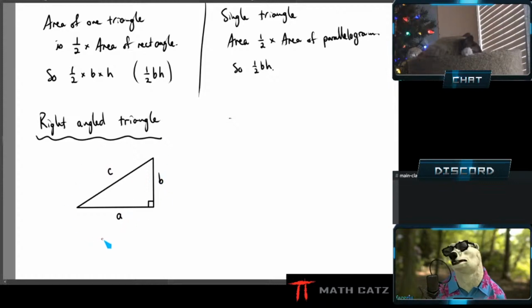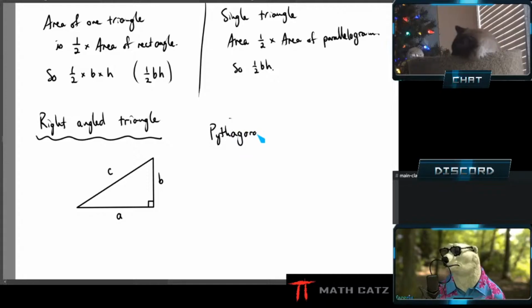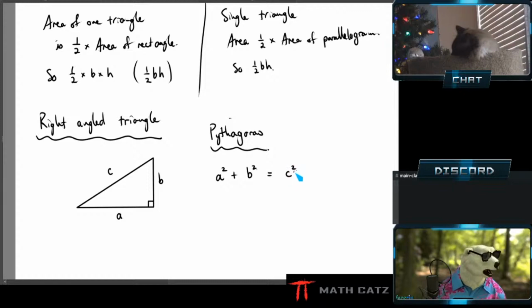I think in terms of where this is in the book, I'm moving it up, but I think it's a nice place to have it here. For a right angle triangle, a very famous fella by the name of Pythagoras proved that there is a very strong relationship between the lengths of these sides, that the square of the perpendicular sides added together is always the square of the hypotenuse.